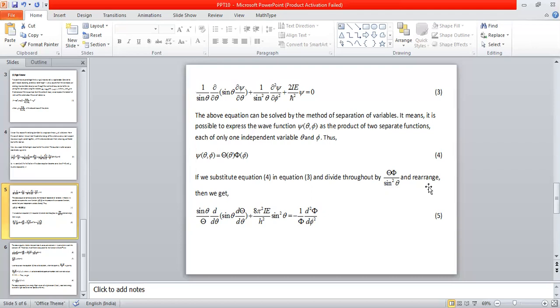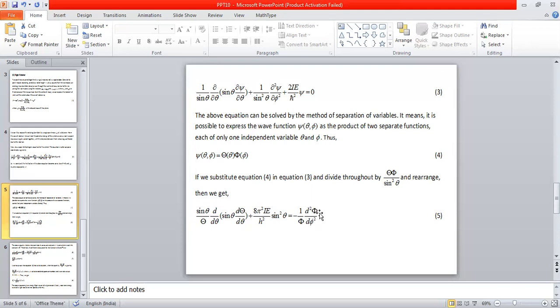If you rearrange, if you do this little bit of mathematics, then we are going to get sin theta by capital Theta, d by d theta of sin theta d capital Theta by d theta, plus 8 pi square IE divided by h square sin square theta, and that is equal to minus 1 by capital Phi into d square Phi divided by d phi square.